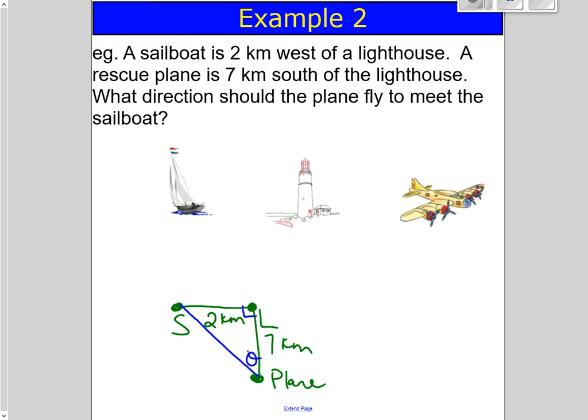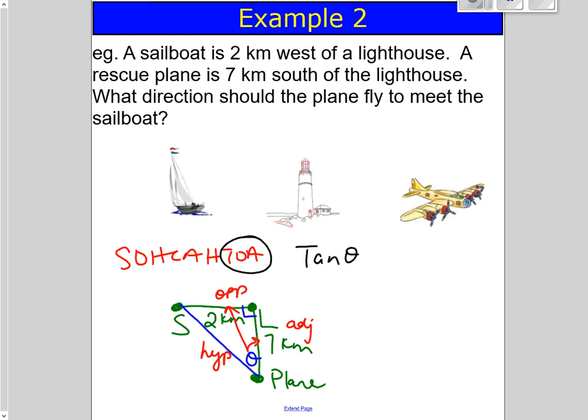If this is the angle I'm looking for, this is my opposite side, this is my adjacent side, and this is my hypotenuse. With SOHCAHTOA, which primary trig ratio uses opposite and adjacent, since those are the two sides that we have? Opposite and adjacent is going to be tan. Tan theta is equal to my opposite side, which is 2, over my adjacent side, which is 7.